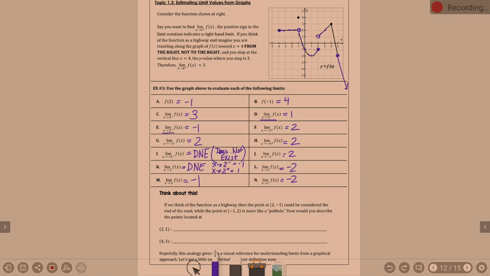How would you describe the points located at... What would you say about 2, 1? Like a pot. Well, if I'm thinking pothole, the road continues on the other side of that pothole. It's a cliff.